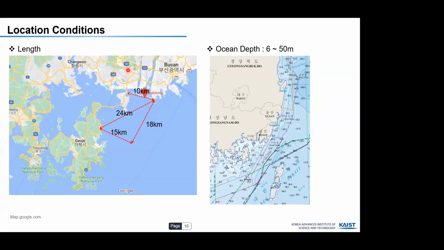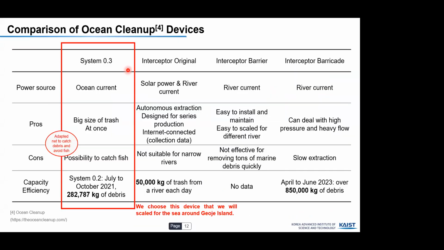Actually, since all of the devices of the ocean cleanup are quite innovative and new, we don't have a lot of data, but we can say that the system of 3 is actually the second system that they did. The first one is the system 001, and they actually give us the amount of debris they collect in the ocean.